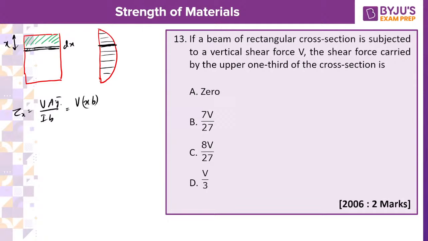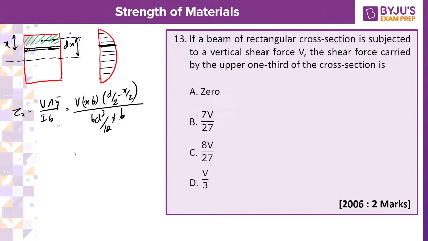And what is the ȳ? The centroidal distance of this area from the neutral axis is d by 2 minus x by 2, divided by the moment of inertia, bd cubed by 12, then multiplied by b.